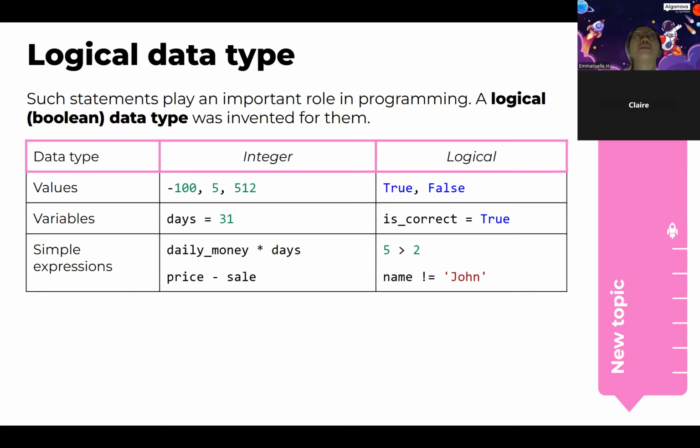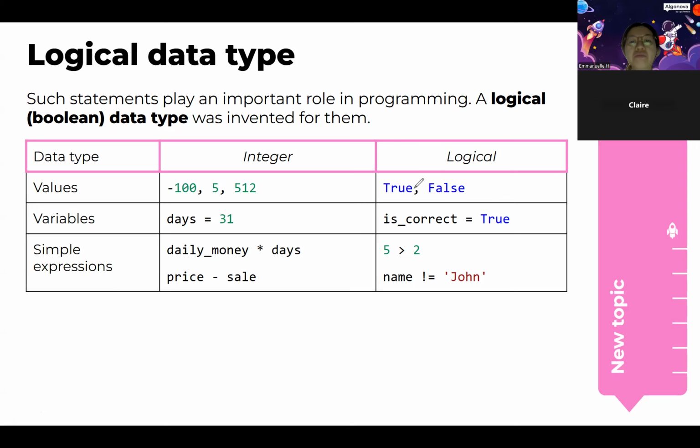Previously we learned we have string for character, integer for number, float for decimal, and this one is the new one we call a logical data type. There are only two values for the logical data type: true and false.